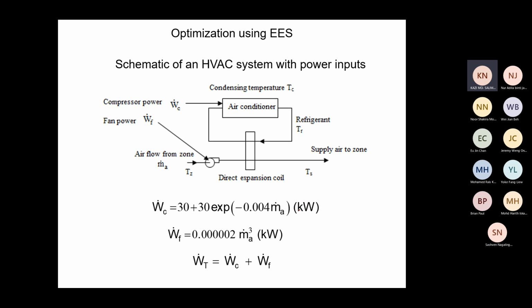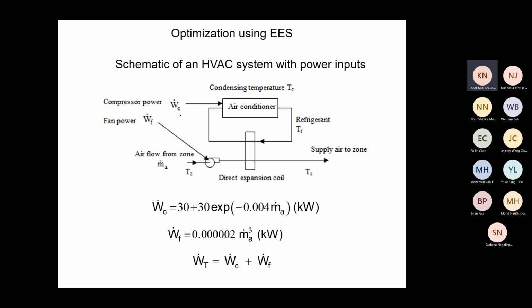We come to the optimization using Engineering Equation Solver, a schematic of an HVAC system with power input. There are other software packages for calculating the heating load, and this Engineering Equation Solver is one of them. With this schematic of an HVAC system with power input, we can see that the compressor powers the air conditioning. Compressor power increases when you need to do more throttling.